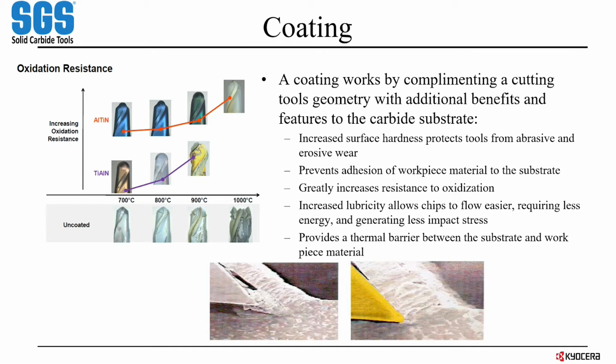It prevents the material from adhering to the substrate and then peeling it away, ultimately removing some of your actual cutting edge and making your tool break down. In most cases, it increases your lubricity, and most importantly, it provides a thermal barrier. And in high temp alloys, that is probably the biggest factor aside from the wear resistance.